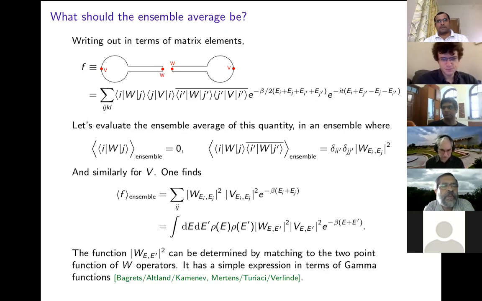Or we can decompose our non-Hermitian operator into Hermitian and anti-Hermitian parts. Yeah, that's true. So then I'm still confused, maybe some simple point I'm missing. I'm still confused why I cannot apply ETH to Wij.